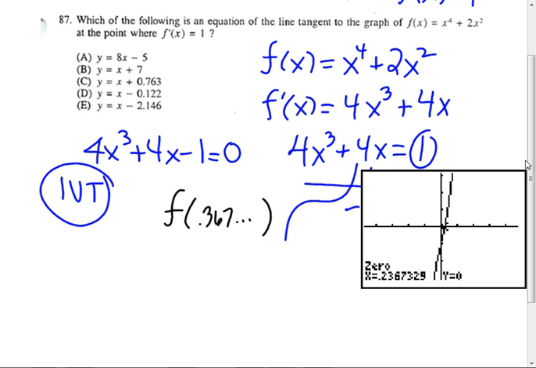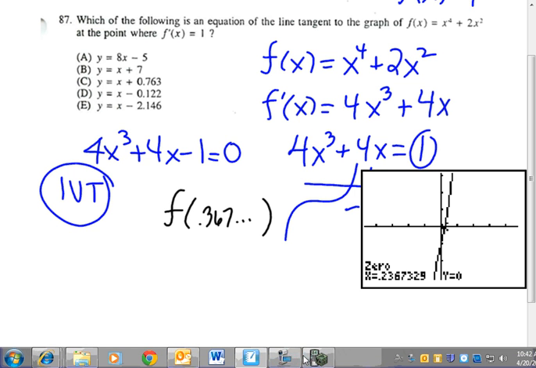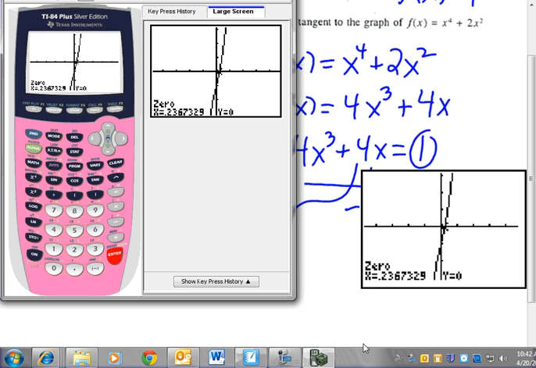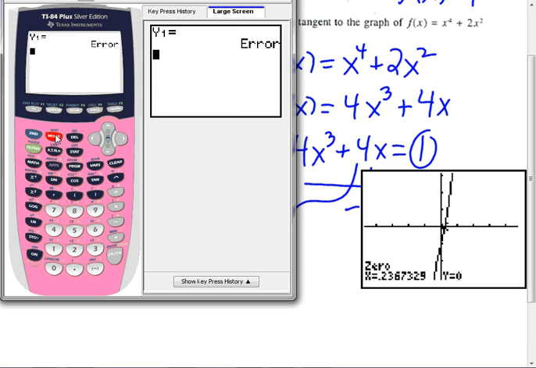And so I'm going to use my calculator. If you don't know how to do this, it's kind of nice to do. Your calculator remembers both the x and the y. I'm going to go back to my home screen and clear that out.